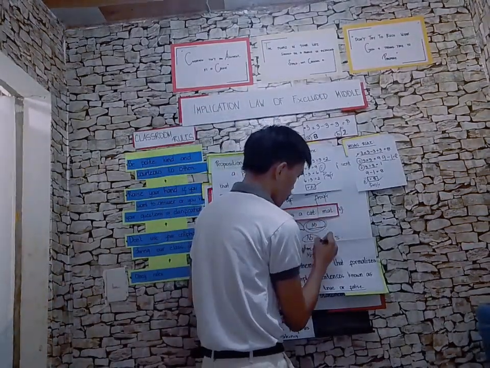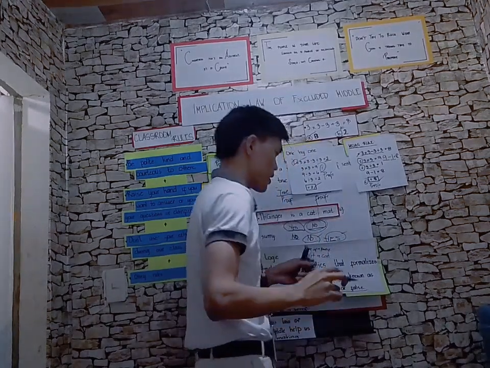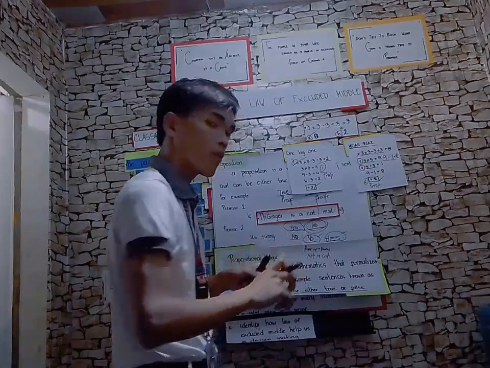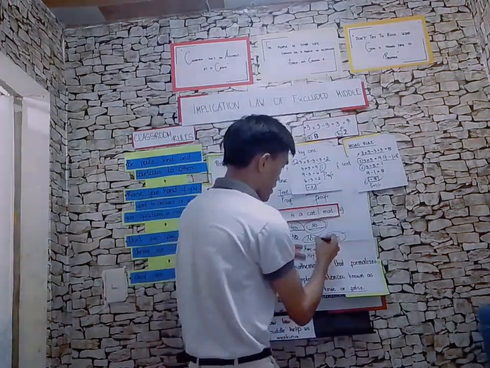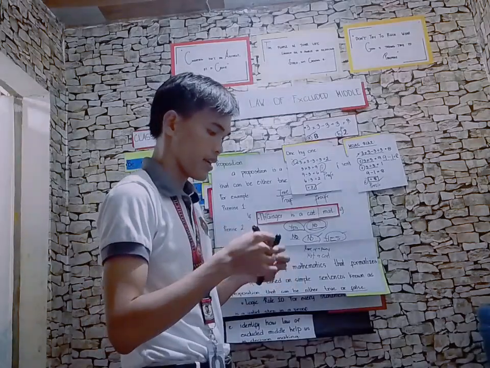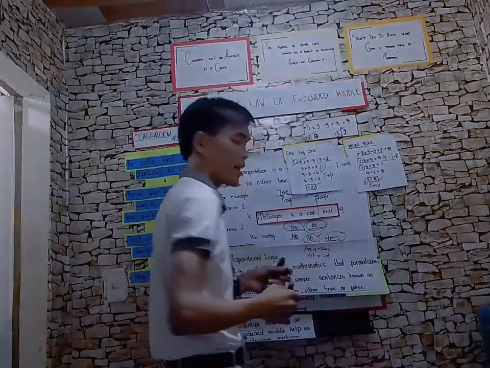Which one is true? This one or this one? The negation. So we can conclude that no is the correct or the true one, and its negation is false. Why?